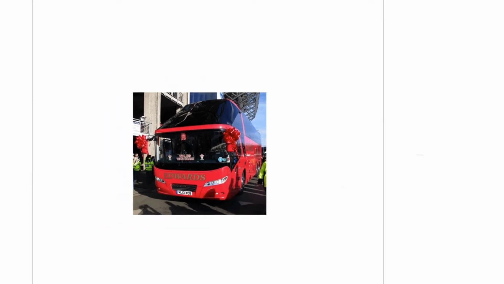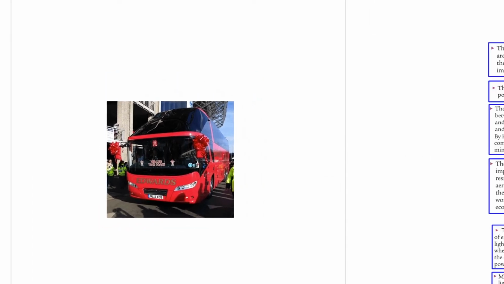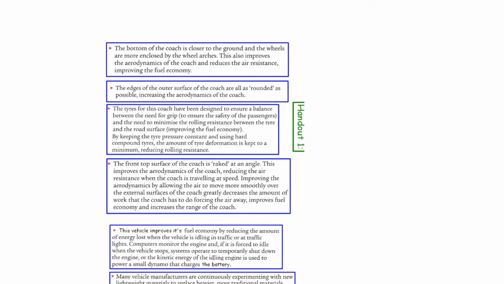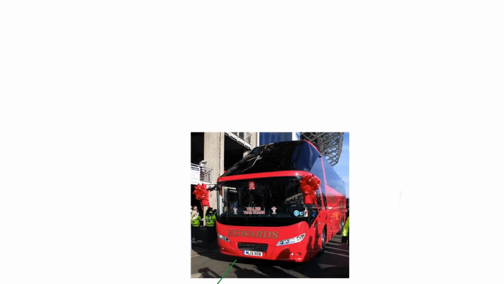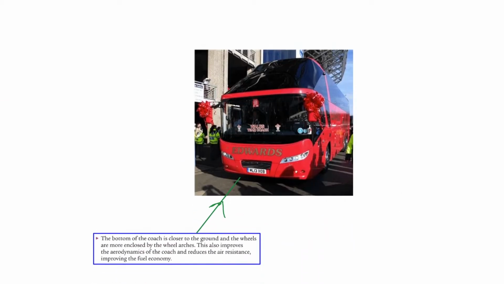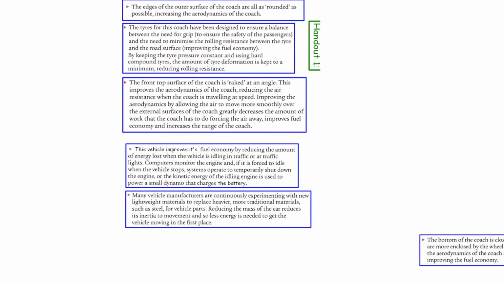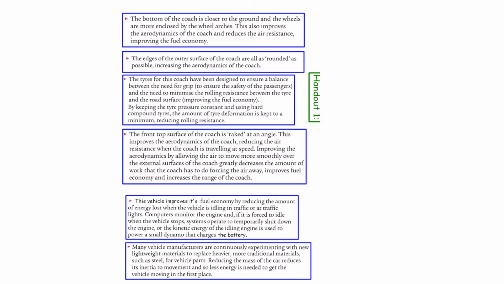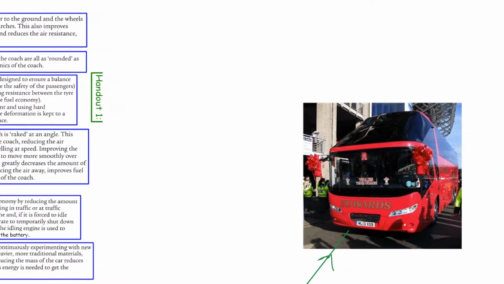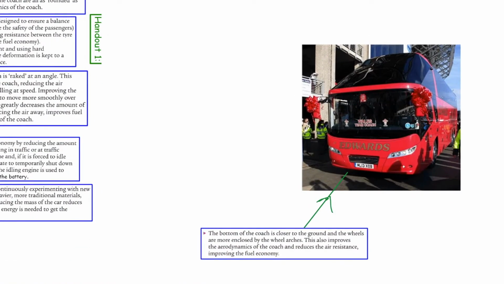What you need to do is use your handout sheet to label this bus, this coach. And I've done one there. So you get your handout, you cut out each box and you stick it on the appropriate part of the page and draw an arrow.